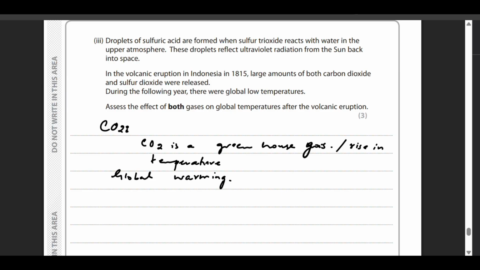It causes global warming, which causes the increase in temperature. So global warming major cause is carbon dioxide.